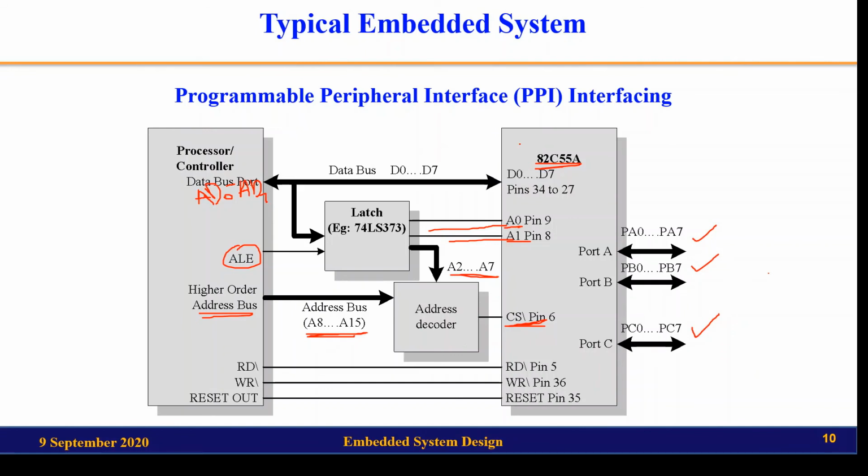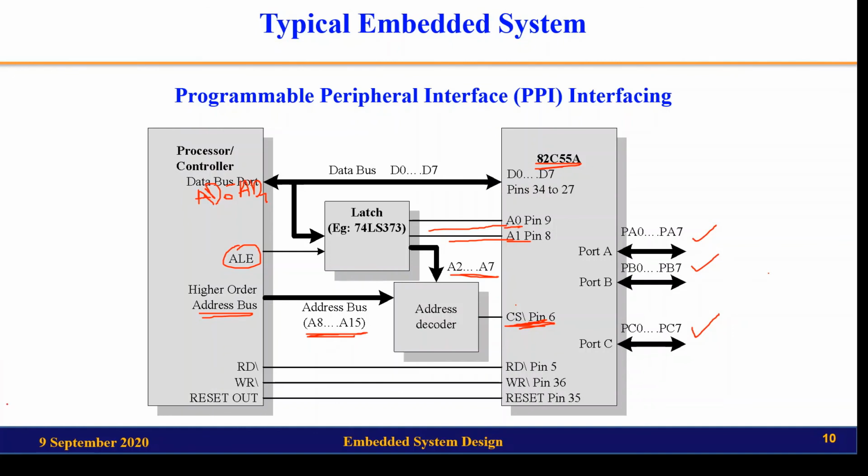Next we have the interfacing part of the PPI with the microprocessor or microcontroller. The microprocessor or microcontroller should be connected to the port pins available from 8255. For this we require the data lines of the microprocessor or microcontroller connected to the PPI, as well as a chip select pin, which will provide the control signal to turn this 8255 on or off according to the address provided by the microprocessor or microcontroller.